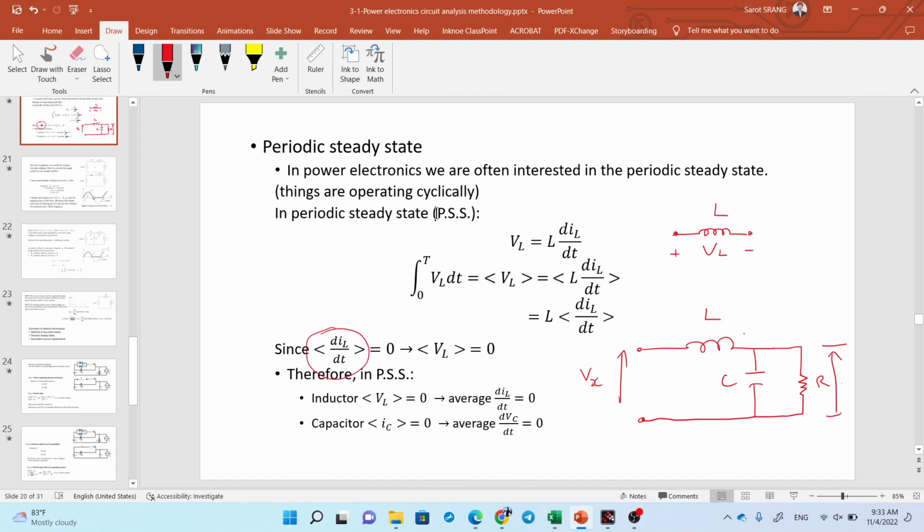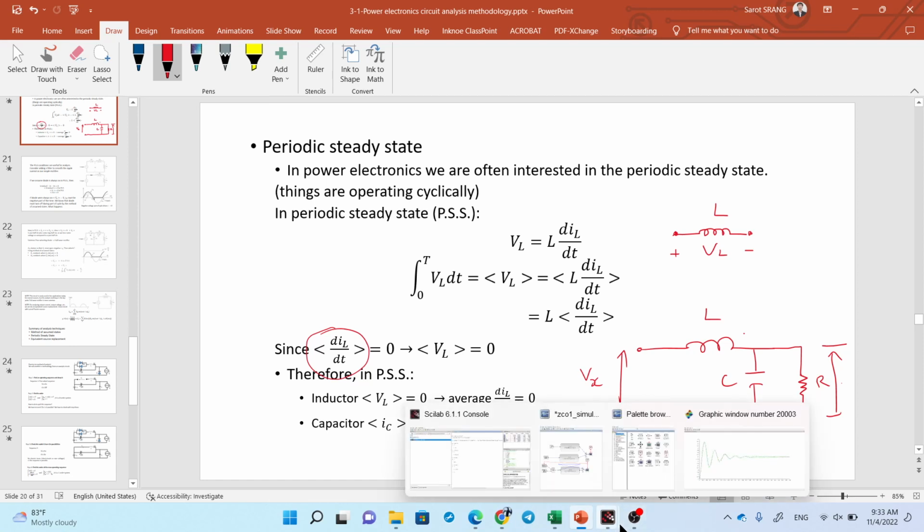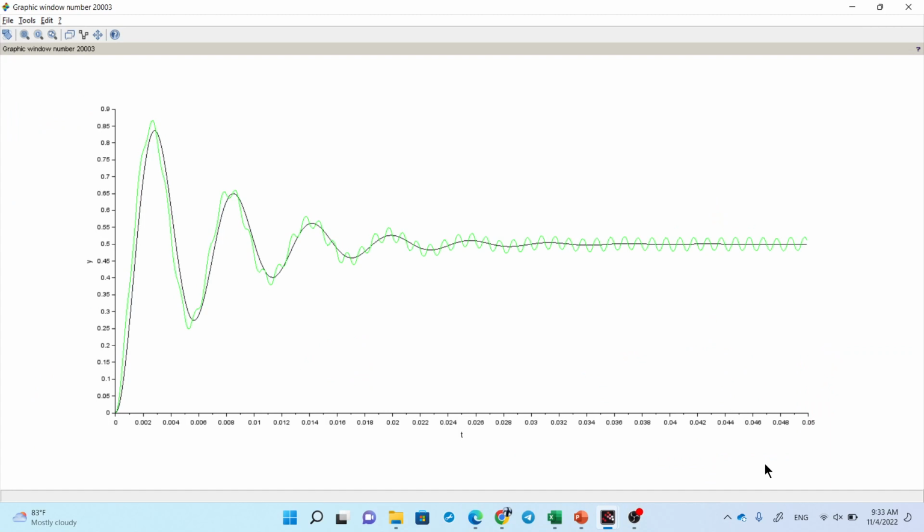Okay, and so why is the average value of the derivative of periodic steady state 0? So you look at the graph, the curve again. If I want to write down, let's say the green one is the waveform of current, okay?